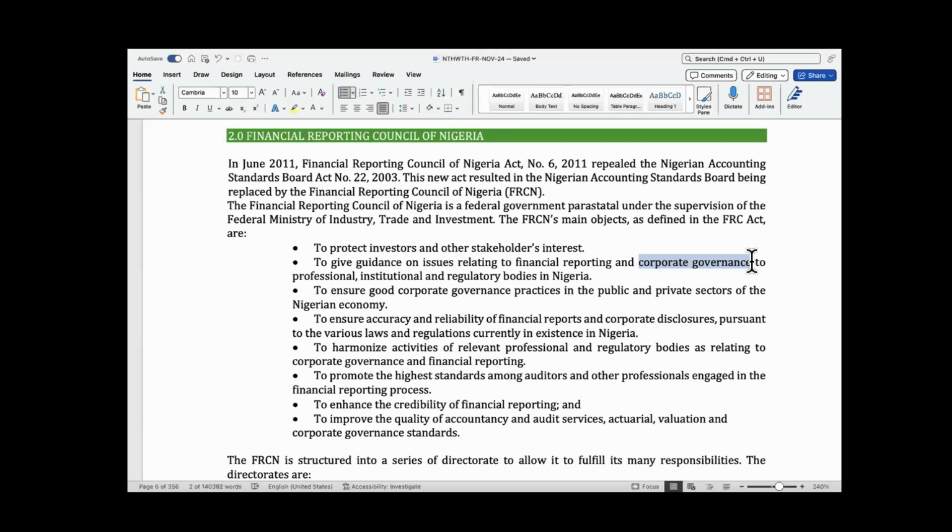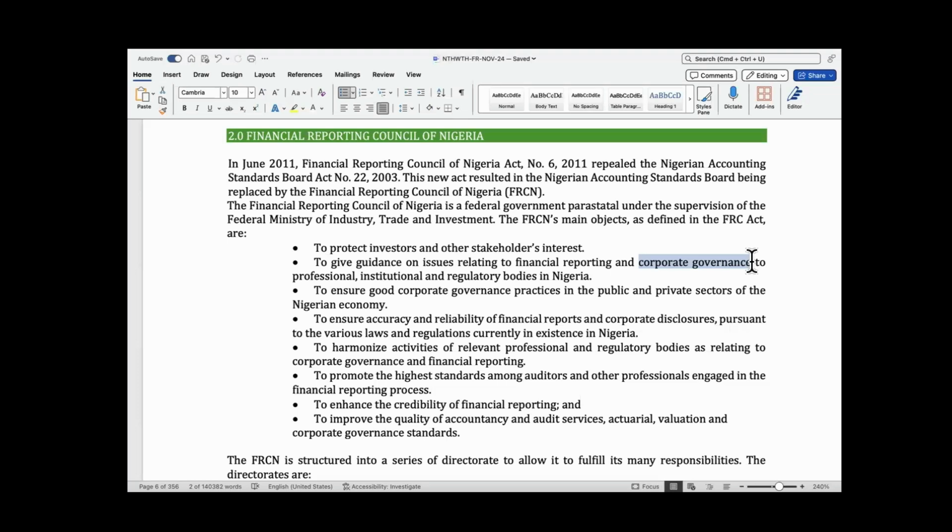All these are well spelled out in the Code of Corporate Governance as published by the Financial Reporting Council of Nigeria. But corporate governance is another story for those of you doing CSME. For today, remember that for FRCN to protect investors and stakeholders' interests, they need to teach companies on issues relating to financial reporting and corporate governance.